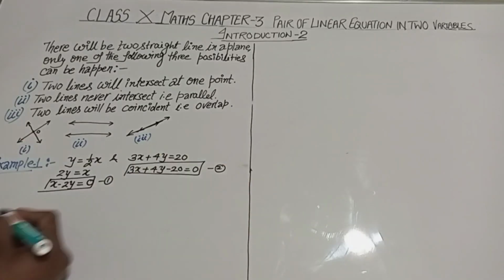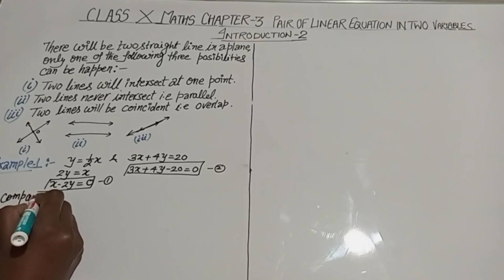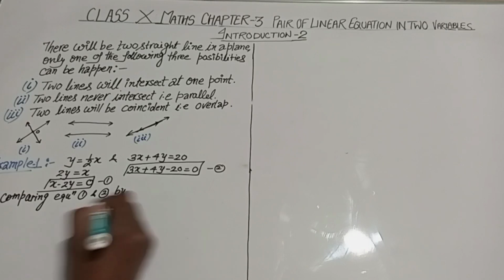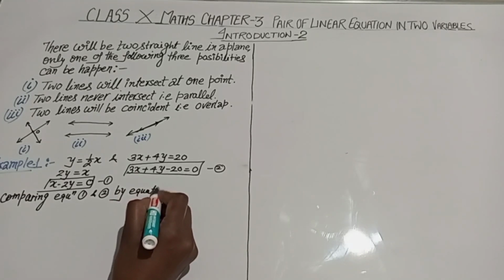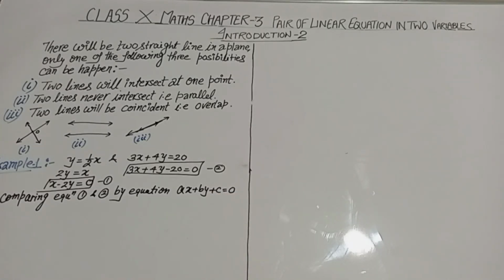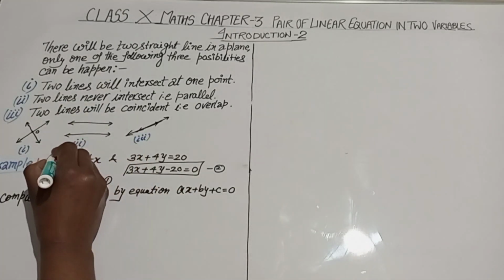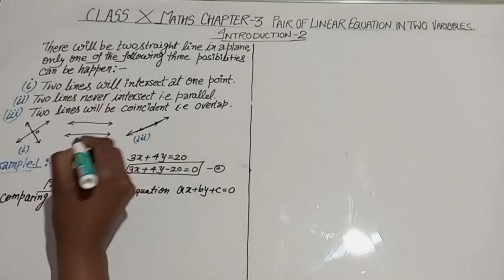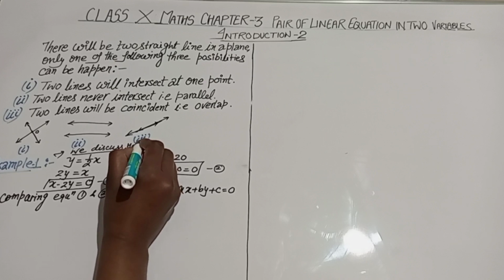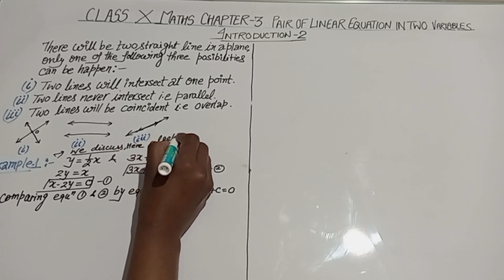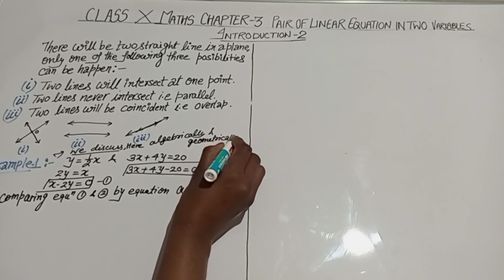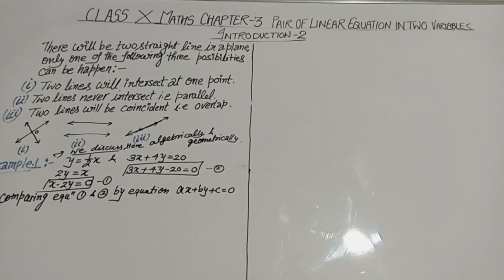Comparing equations 1 and 2 with the general form ax plus by plus c is equal to 0, we will discuss here algebraically and geometrically.